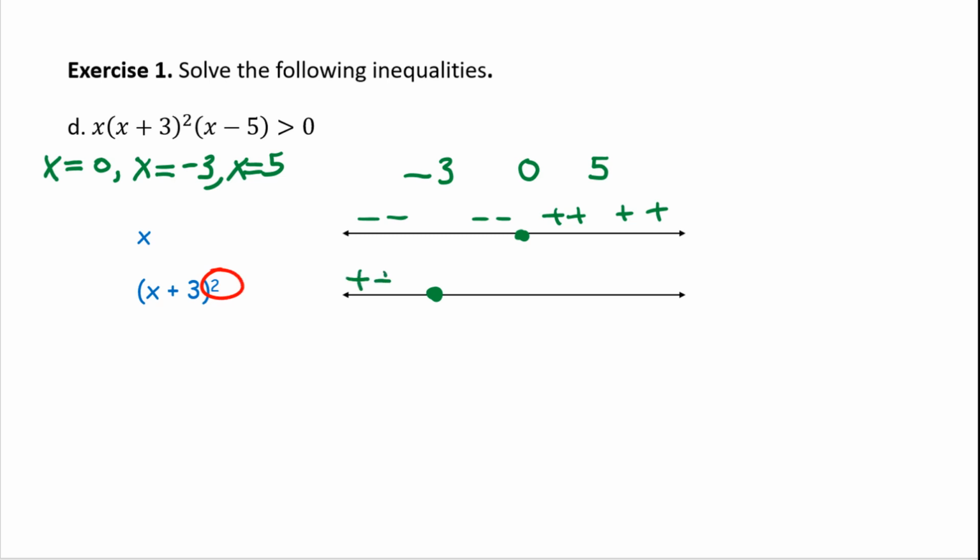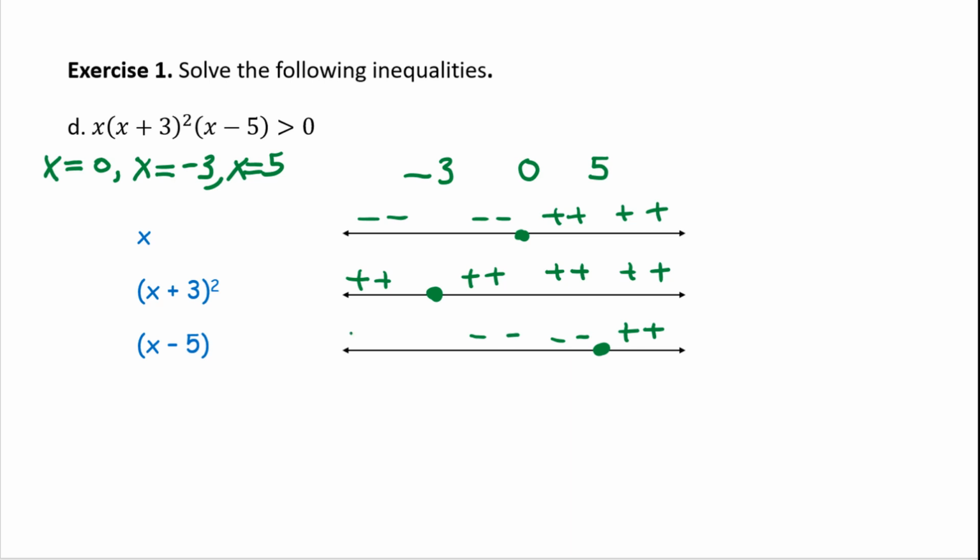To the right of negative 3, it is positive, squared or not. The factor x minus 5 is 0 at 5. It is positive to the right of 5 and negative to the left of 5.